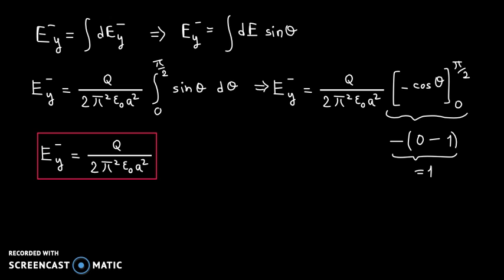The two components have the same value, which makes sense because there is some symmetry around the 45-degree line. So the electric field vector due to negative charge is making an angle of 45 degrees with the positive x-axis, its x and y components being equal to one another.